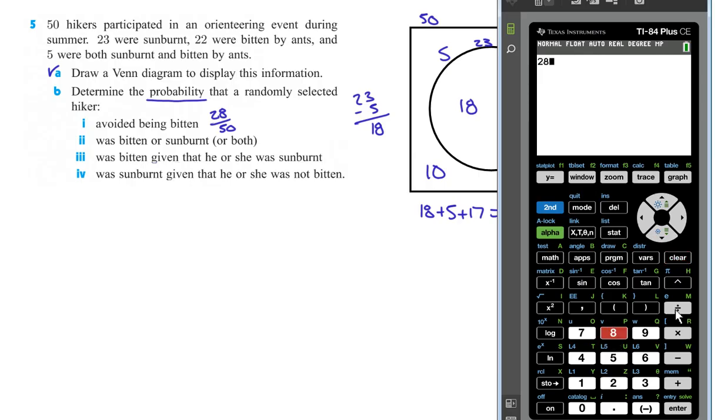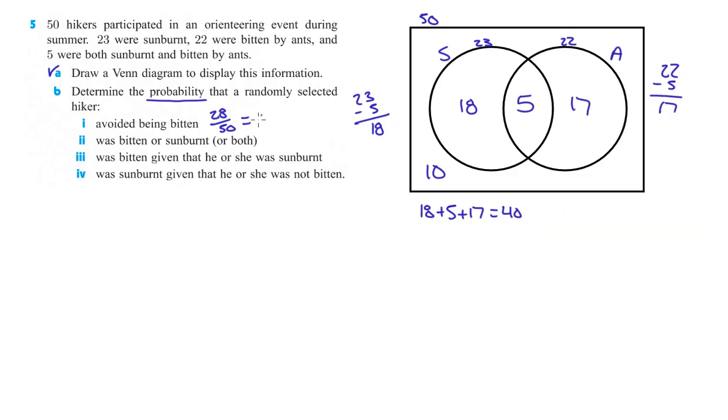So we do 28 divided by 50. And that gives us 0.56. So for the probability, 0.56 would be just fine. Or we could also do 56%.